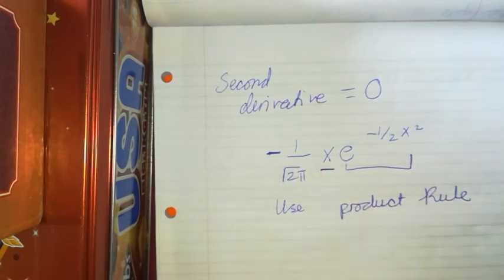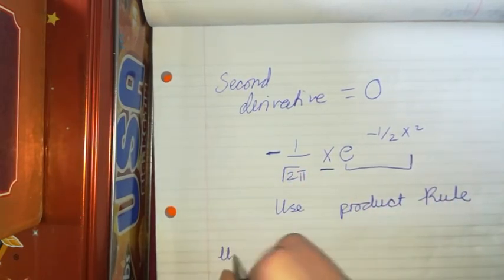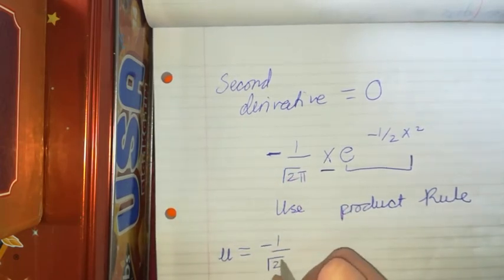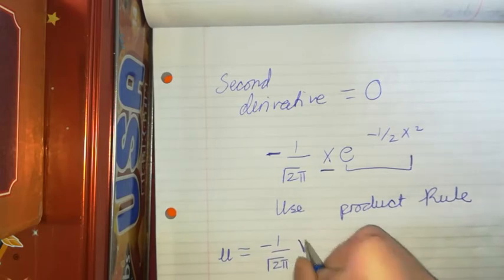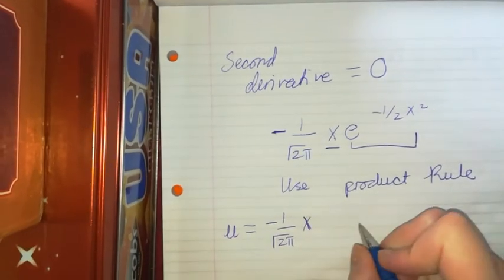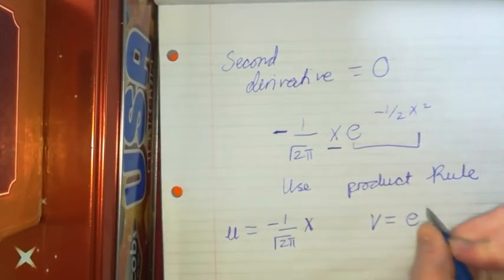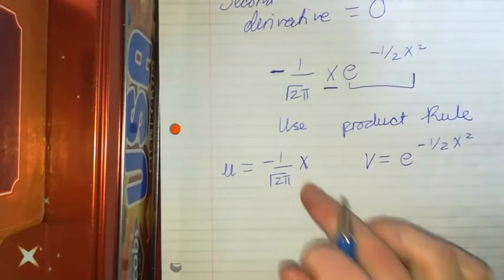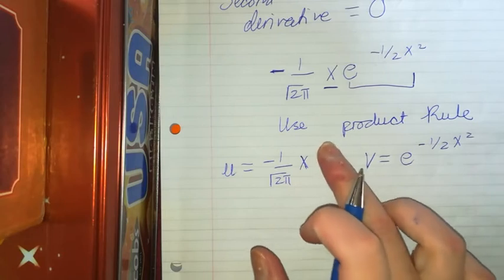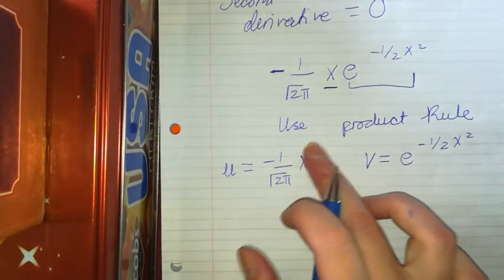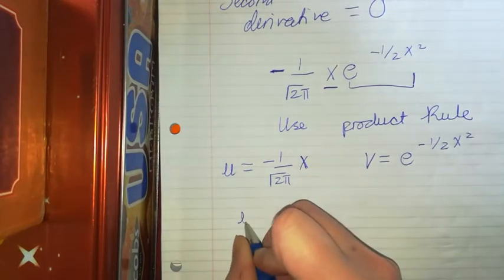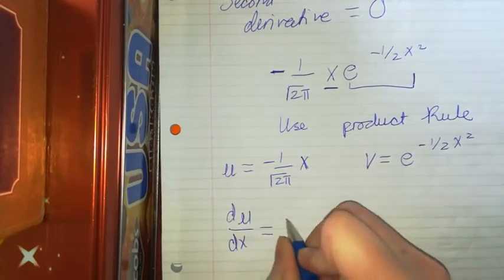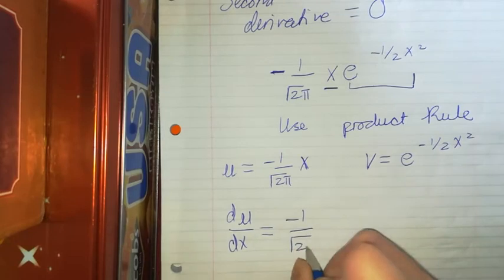So first, I'm going to call my u minus 1 over root 2 pi x. I'm going to call this u, and then I'm going to call my v e to the power of minus a half x squared. If I differentiate this in terms of x, x goes to the power of 0, so du dx is going to be minus 1 over root 2 pi.